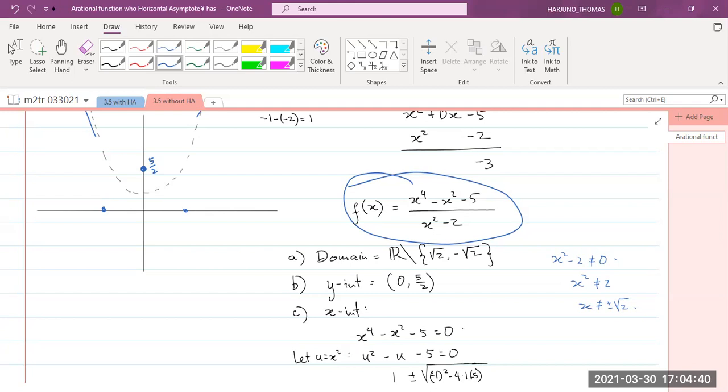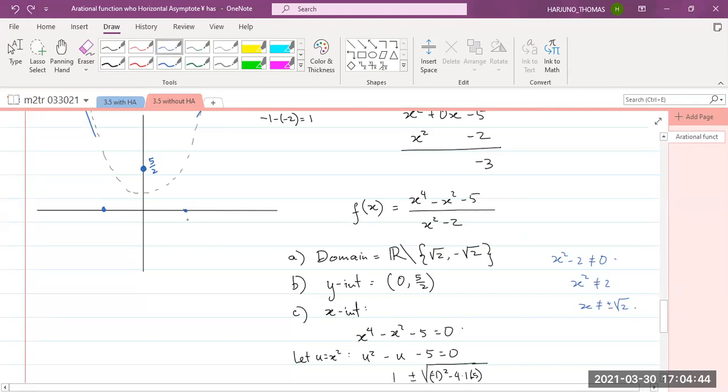So these will be 1/2 square root of 2 plus 2 square root of 21, and negative 1/2 square root of 2 plus 2 square root of 21. Those are our x-intercepts.